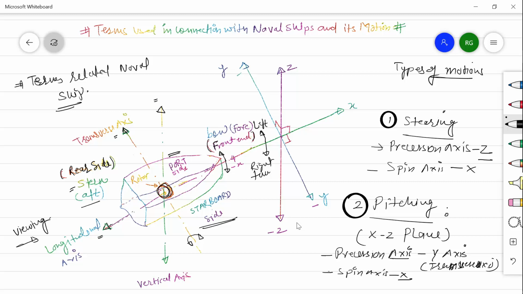And third, if the ship has motion about the spin axis only, this type of motion is known as rolling.